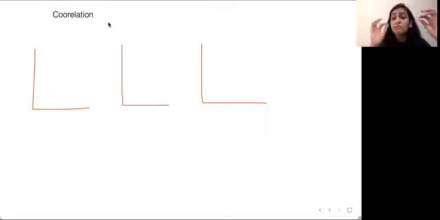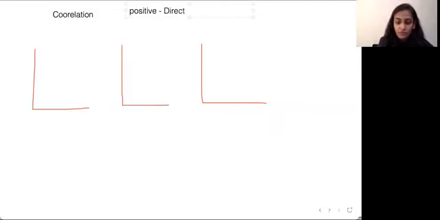Correlation can be positive or negative. When it is a positive correlation, it's always a direct relationship, directly proportional. If it is a negative correlation, it's inversely proportional.